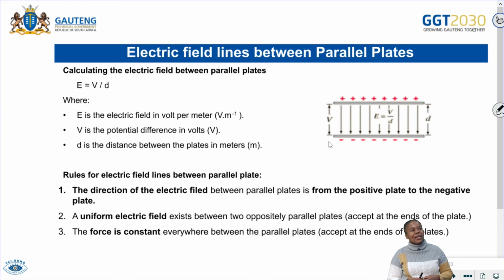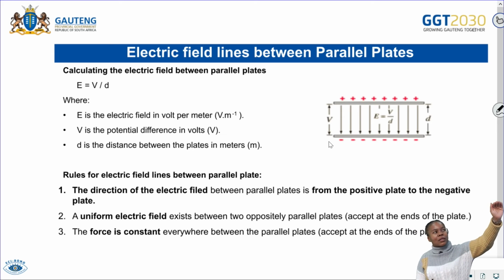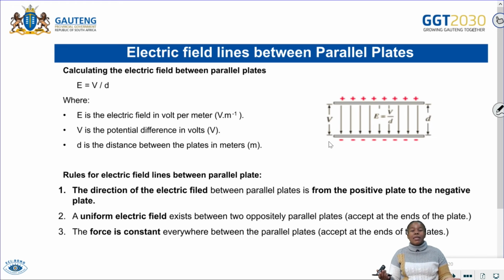Hence, you can see that the arrows here are facing downwards because the positive plate is at the top and the negative plate is at the bottom. Should it have been vice versa, with the positive plate at the bottom, the arrows would have been pointing up, in the north direction.